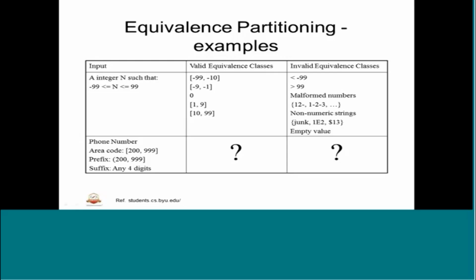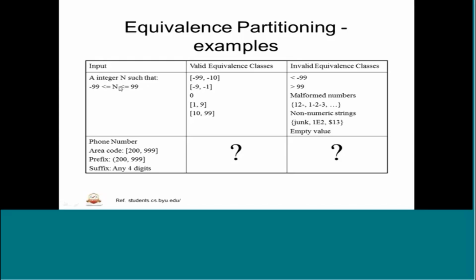So what are a few example invalid equivalence classes for this range? Less than minus 99, we can specify a value such as minus 100. And the other one is greater than 99, such as plus 100.